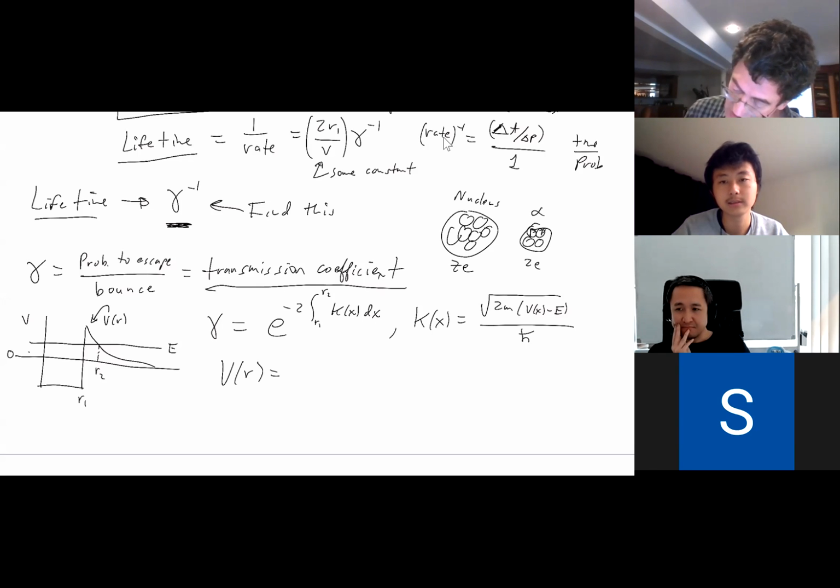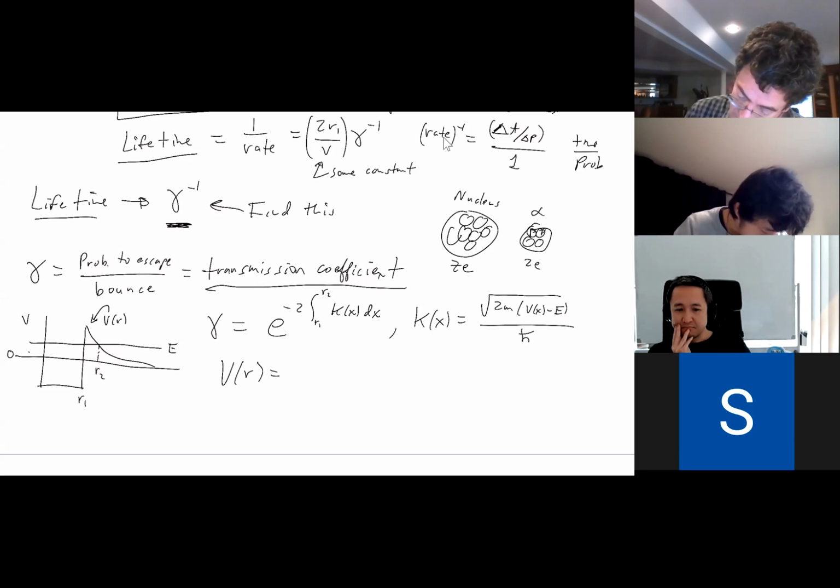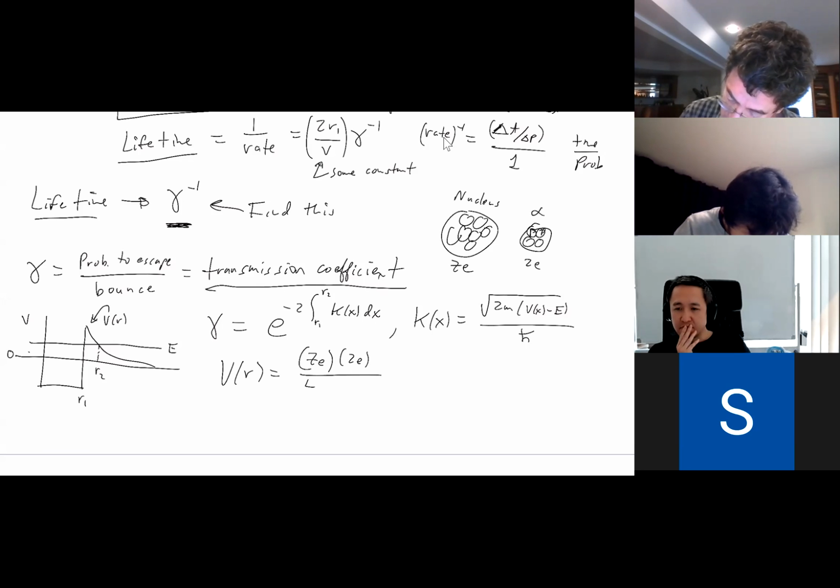Right. And so in the coefficient, I have Ze times 2e over 4 pi epsilon naught r.